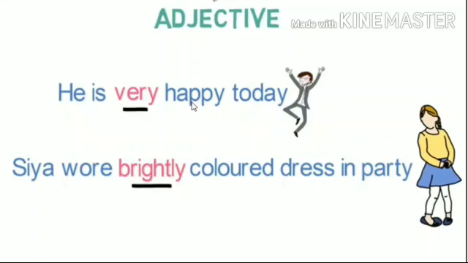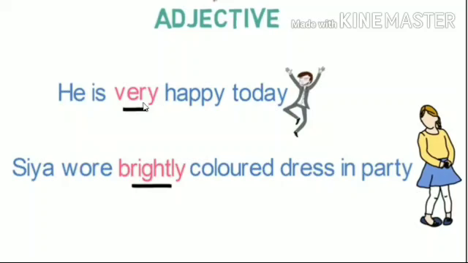That means happy is the adjective here. And the word very is describing the adjective happy. It is telling us how happy he is. Very happy. So it is giving us more information about the word happy. So very is an adverb here.